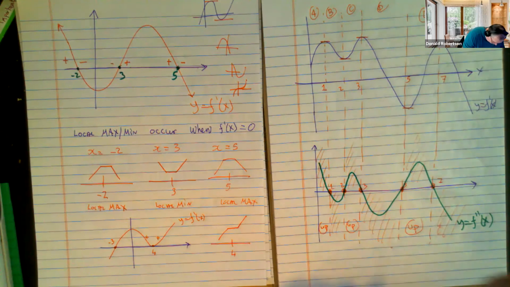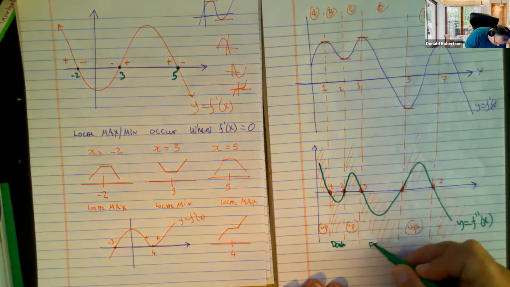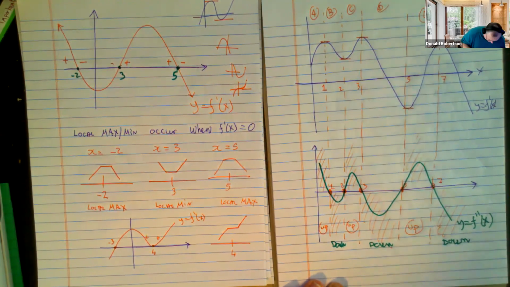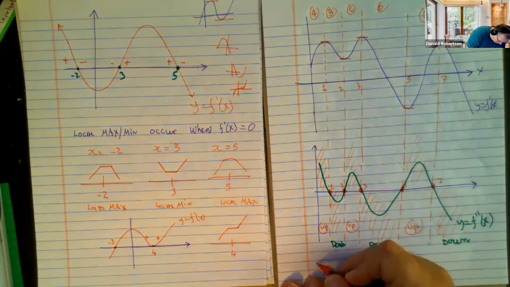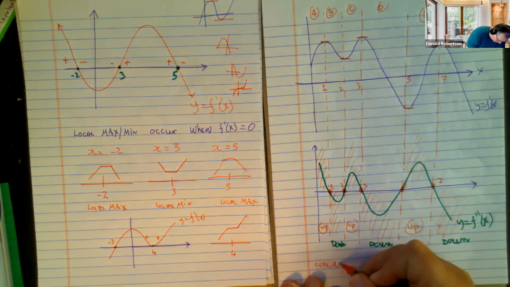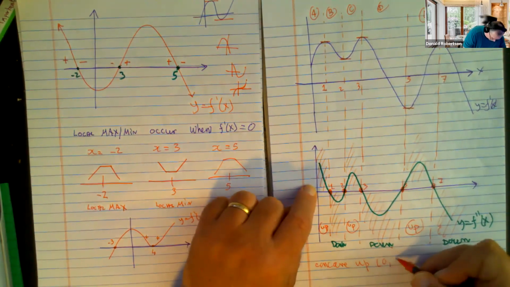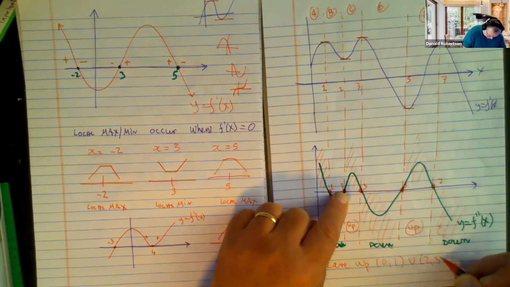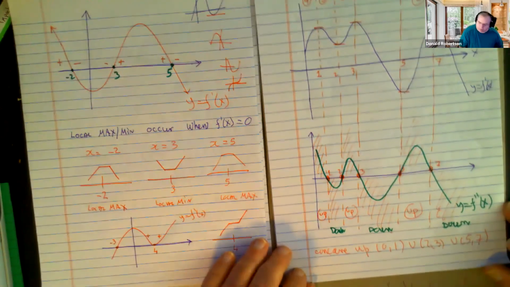And from 1 to 2, down, down, down. So if you had to tell me for what values of x this function is concave up, you would say from 0 to 1, and then from 2 to 3, and then from 5 to 7. Are you comfortable with that?